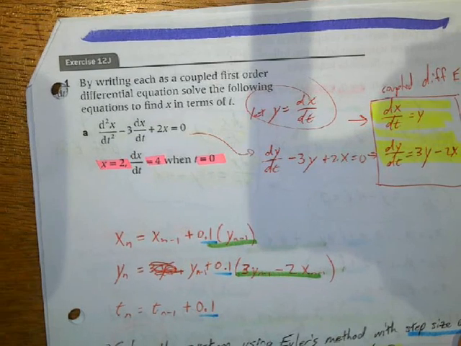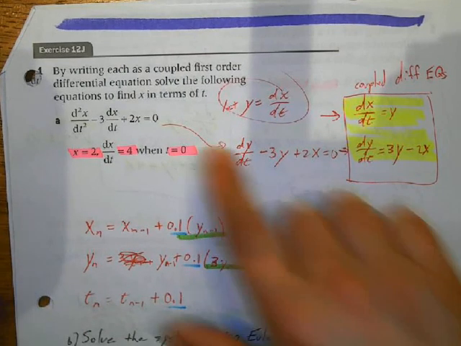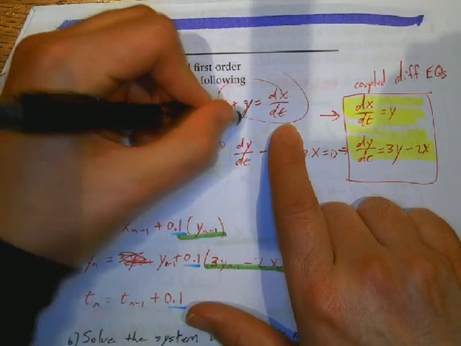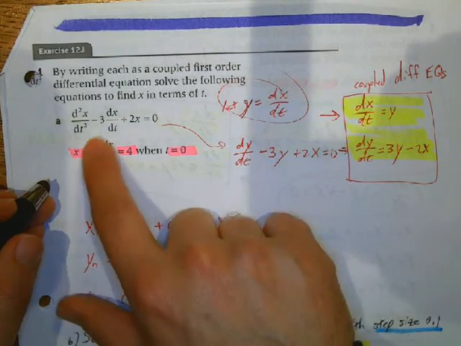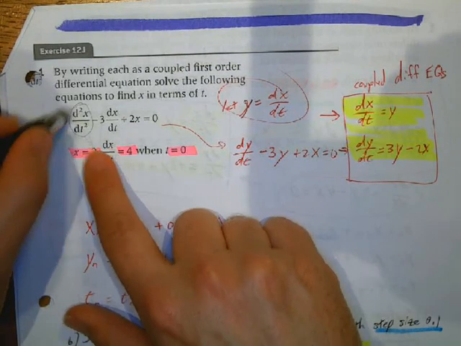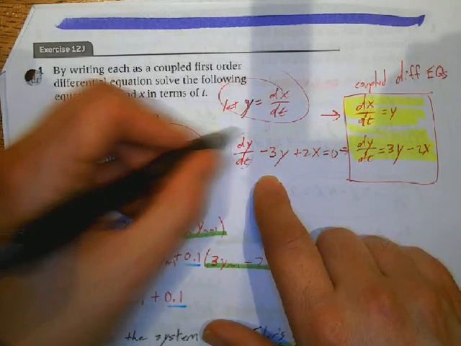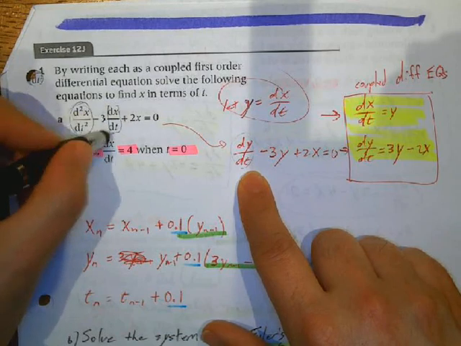Just like in all the other examples, we let y equal dx/dt. That's one of my first equations. The second equation is where I replace d²x/dt² with dy/dt, and I'm replacing dx/dt with y.